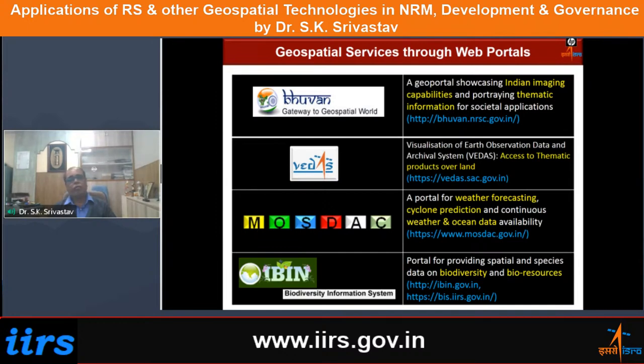All the time I was referring to one portal, and I'm sure that people who have done the courses in the basics of RSGIS must have had the demonstration also on the Bhuvan platform. It's a national geoportal in which not only can you visualize satellite images, but also different thematic maps prepared under different programs by ISRO, Department of Space, and many other sectoral and societal applications.